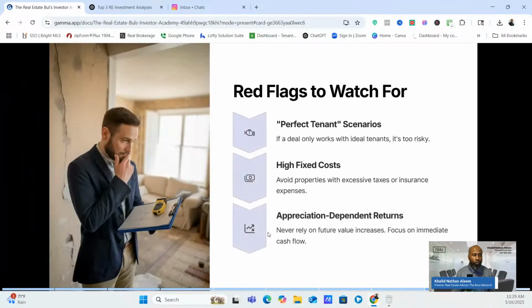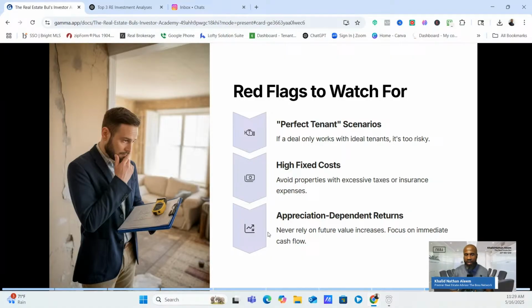And the final one, red flags to watch for. The first thing is the perfect tenant scenario. If a deal only works with ideal tenants, it's too risky. You ask, what if this happens? What if that happens?